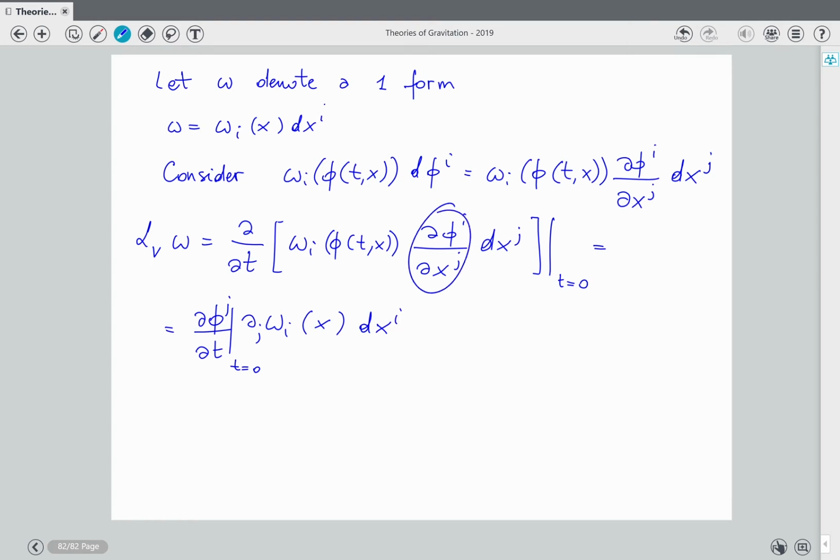This is a unity for t equals 0. Then you have to differentiate this again. So you have plus omega I of x.